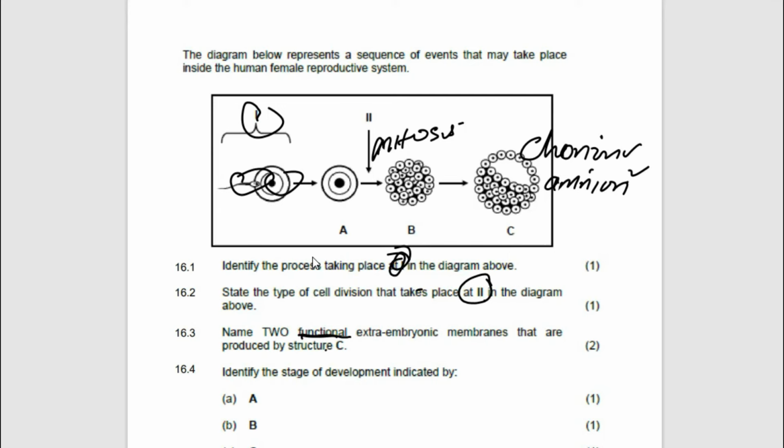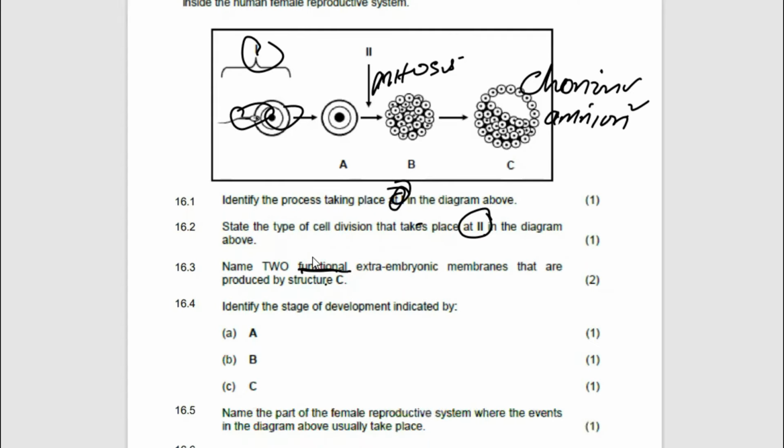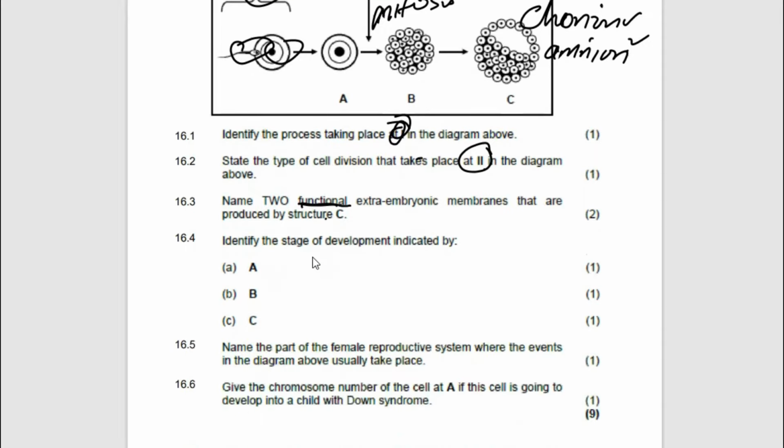Identify the stage of development indicated by A. What is happening there? That is a zygote. And then B, it is a morula. And then C is a hollow ball of cells, which we call blastula, or blastocyst. Make sure that you write the correct spelling.